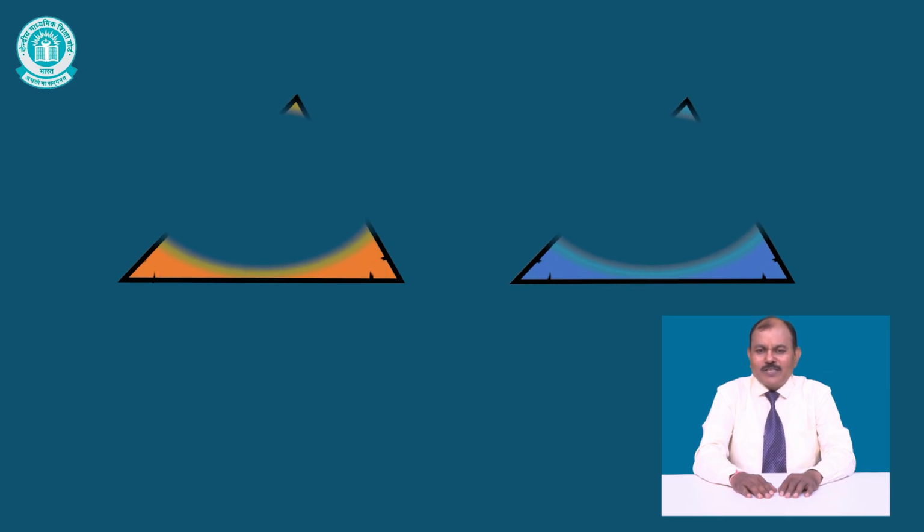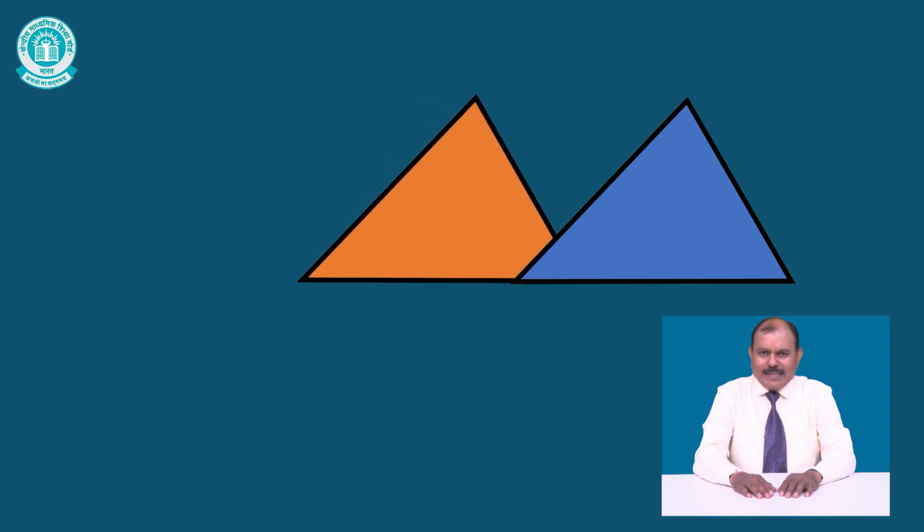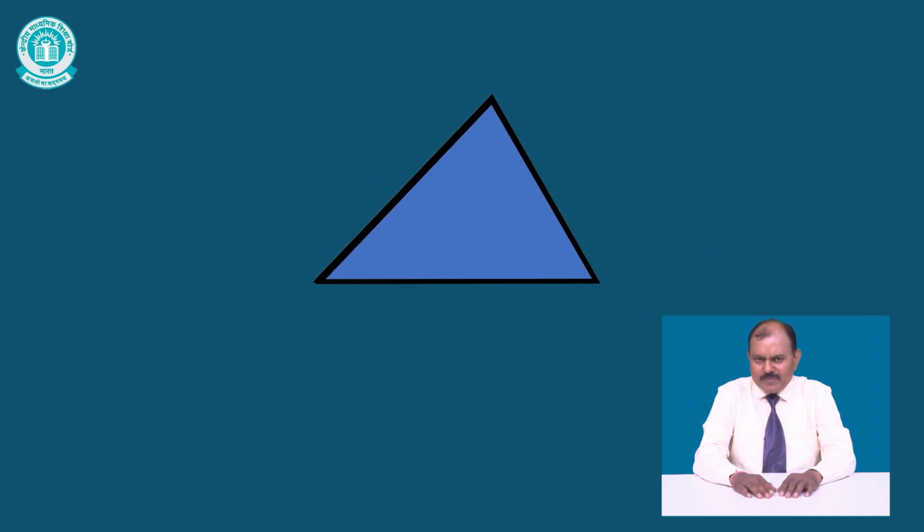Next, let us try to construct two triangles in which two angles are 60 degrees and 45 degrees, and the side included between these angles is 4 centimeter. Overlapping these triangles, what do we observe?